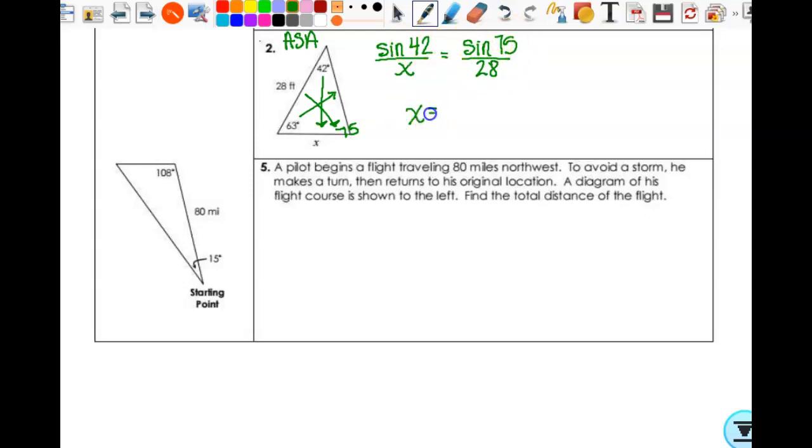So this is really just x equals 28 times the sine of 42 divided by the sine of 75. That's how you cross multiply and divide, right? Shouldn't have to write out every single step every time. So do that, get that typed into the calculator correctly. And make sure you get this answer.